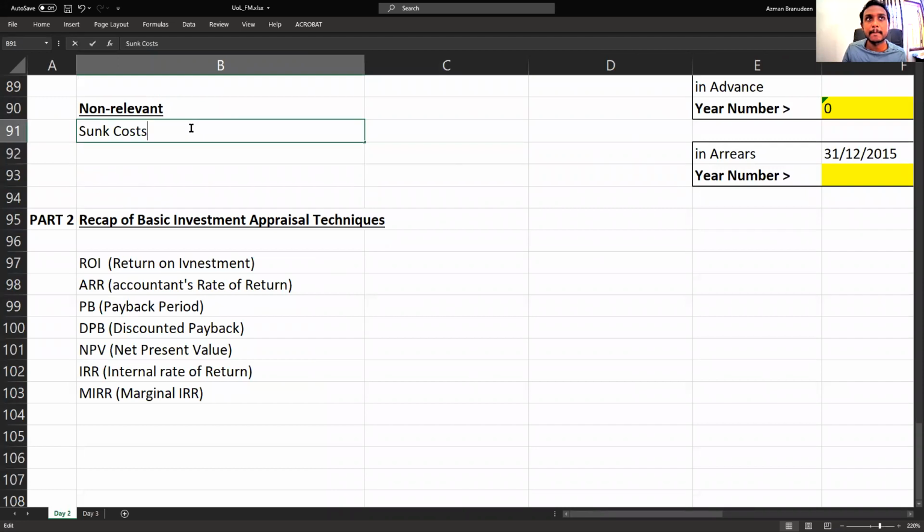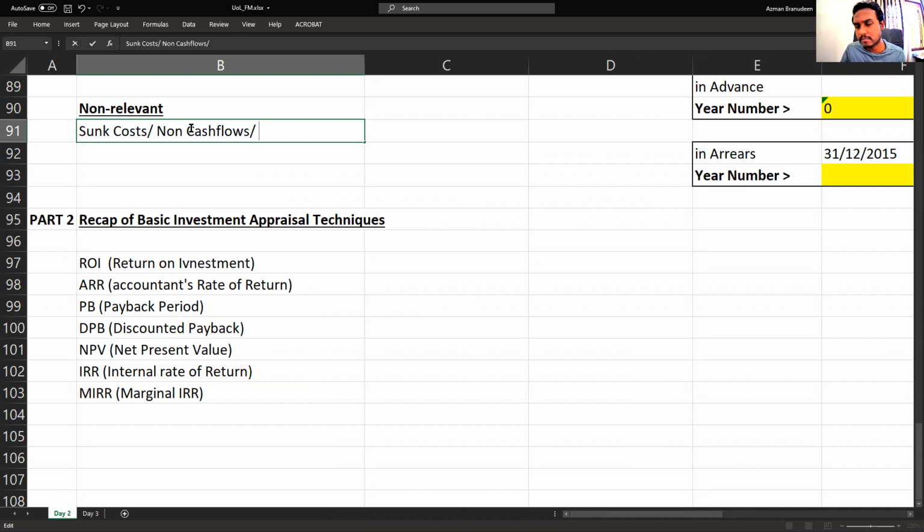Anything else? Depreciation, okay, which is a non-cash flow. Depreciations, amortizations, provisions, bad debt provisions, any contingencies that you've put in place that are not material and not real cash flows yet. So non-cash flows, sure.